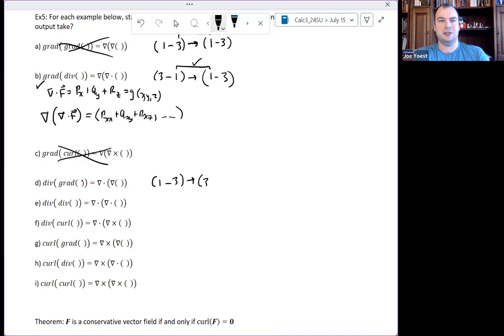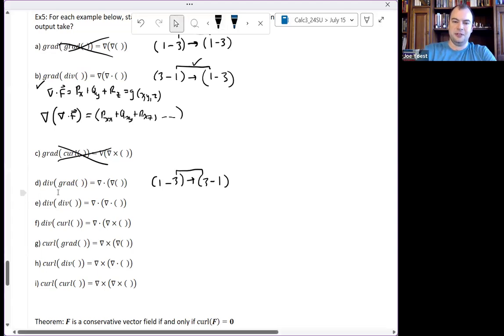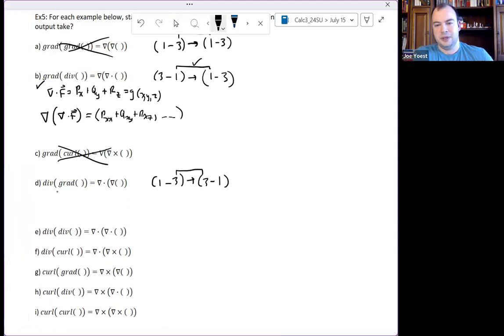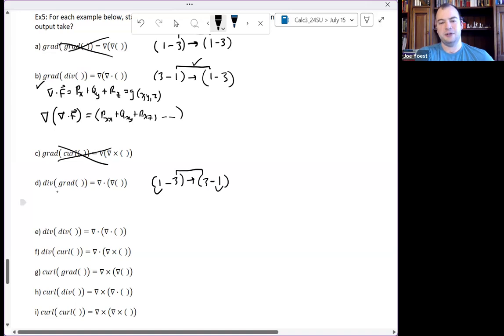A divergence takes a vector field in, gives a scalar function out. The insides match, so the gradient, the vector field coming out of it, can be plugged into the divergence, which wants to take as input a vector field. What do I end up getting? Well, I put into this whole thing a scalar function, and I end up getting out a scalar function.